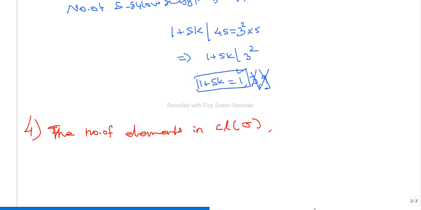That is what they are asking, where sigma is the 3 cycle (2 3 4) in S6. In S6 we fix one element sigma, and then we can define the conjugacy class. That is the set of all permutations which are conjugate to sigma. And what is the order of this conjugacy class? That is the question.